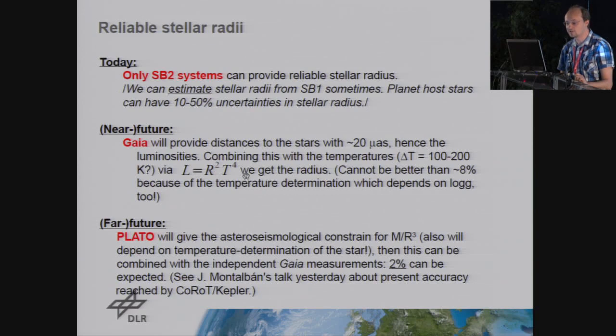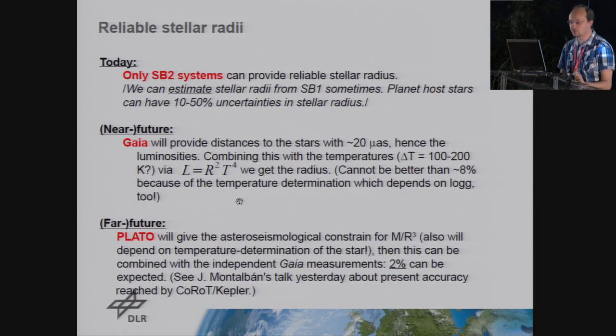So if we calculate the radius from the famous luminosity-radius-temperature equation, this cannot be better than 4 to 8% because the temperature determination will depend on the log g, and the spectral theories and the stellar atmosphere theories won't be improved so fast in the near future. And the next talk will discuss this, hopefully.